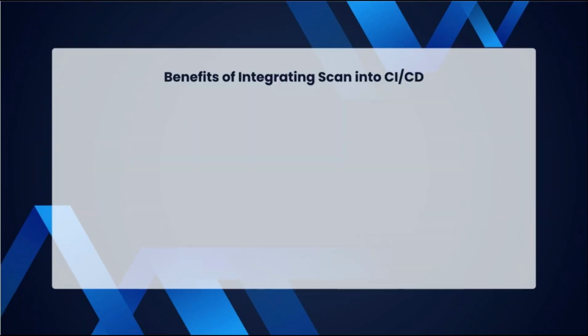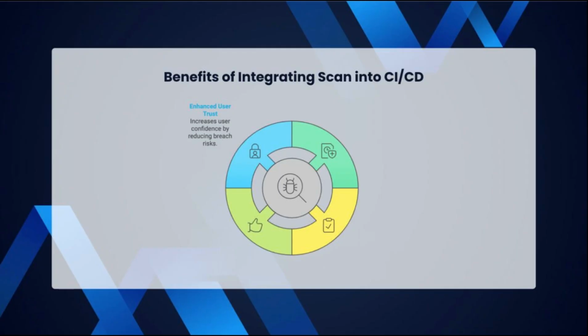So, what do you gain by automating vulnerability scans in your CI/CD workflows? Here are the key benefits. Enhanced user trust. Keeping your application secure reduces the risk of breaches, improving user confidence in your product. Developer friendly. By integrating scans directly into the pipeline, developers get immediate feedback, allowing them to fix issues before moving forward.